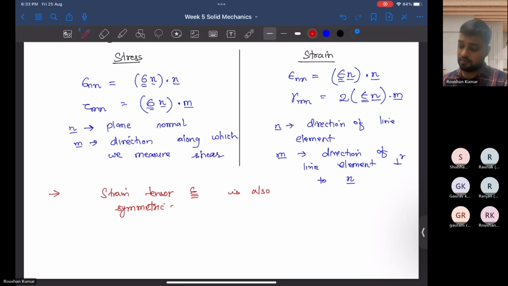And we know the principal stress component. In the previous lectures, I have solved some examples where we have to compute the principal stresses. In the same way, we can calculate the principal strain components with the use of the Mohr circle.